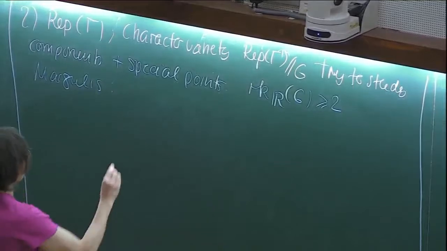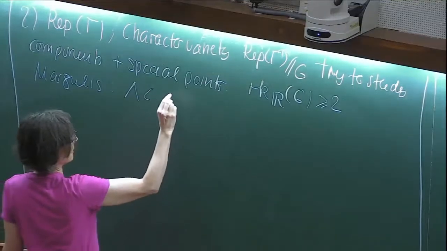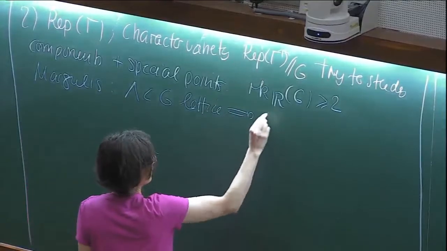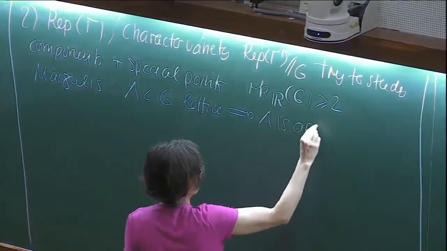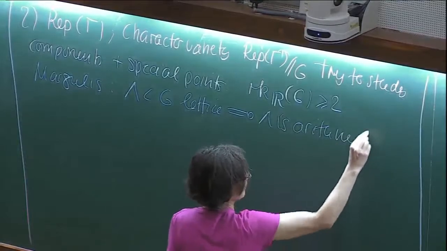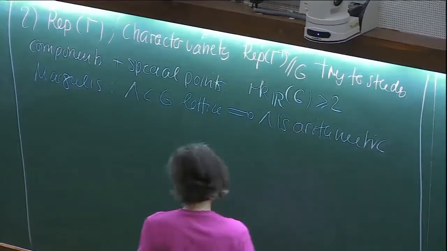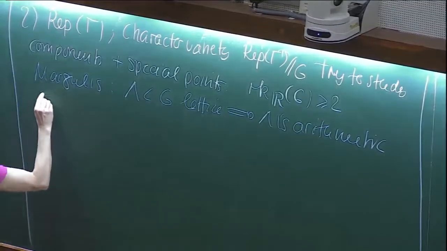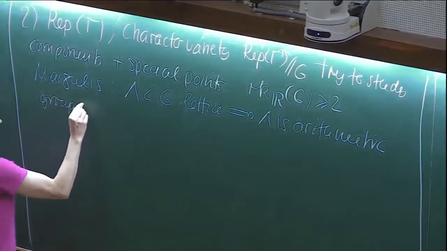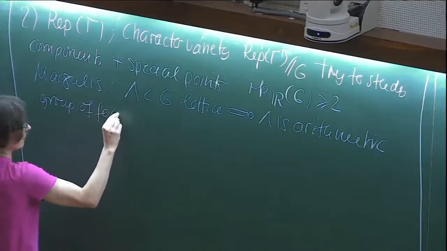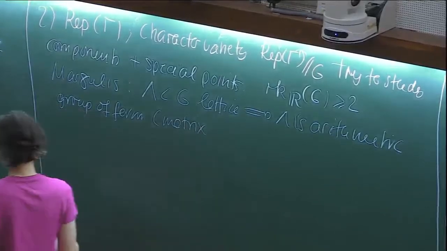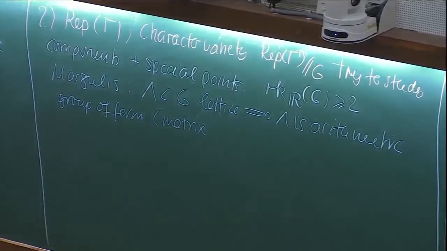He proved that if lambda in G is a lattice, then lambda is arithmetic. So what does arithmetic mean? It means that it's a group of the form matrix group. I'm slightly loose here because it will not be important for the rest of my talk.